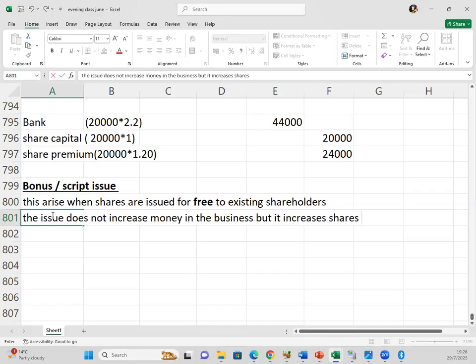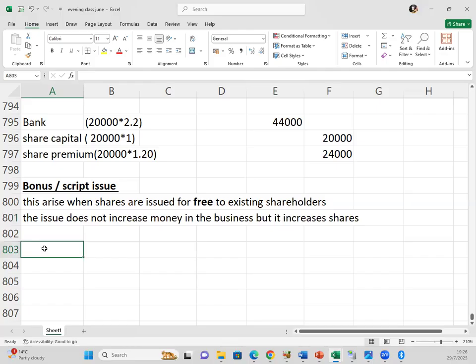So how do we finance this? Because in the double entry, if the shares are increasing, what about the other entry? Since it's not money that is received in our bank, what are we going to finance these shares with?